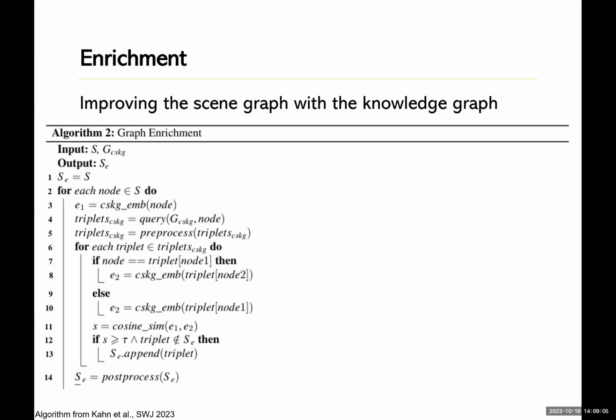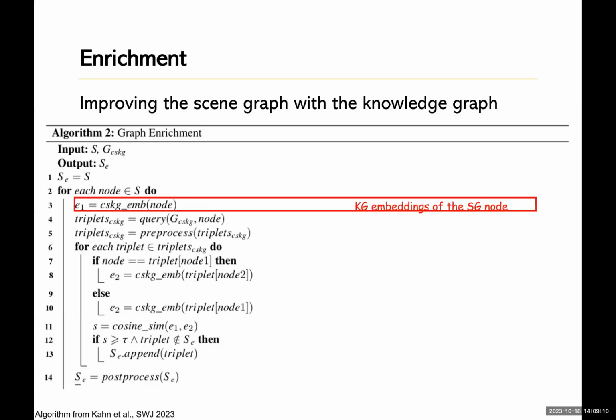So the next step is a little more interesting. It's improving the scene graph with the knowledge graph. So here, for each node in the scene graph, we find the knowledge graph embedding again, just like what we did in the other algorithm. And then what we do is we're going to find all triplets in the knowledge graph that contain that node.